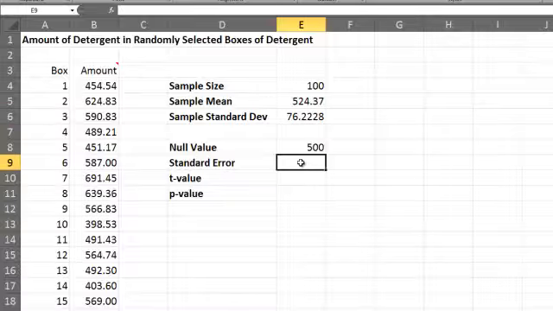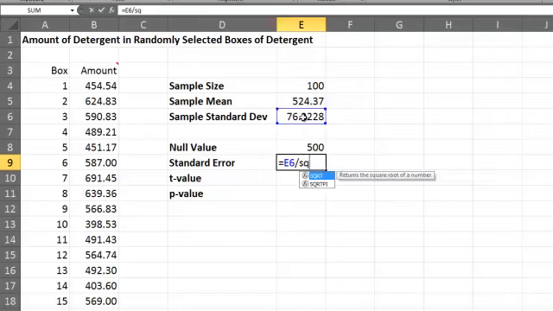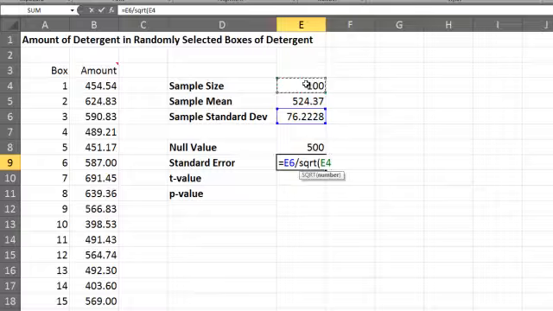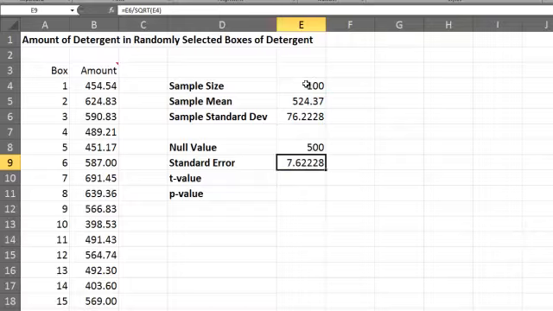My standard error now is going to be that s divided by the square root of my sample size. So equals sample standard deviation divided by the square root of my sample size, the square root of 100. And I get a standard error of 7.62.